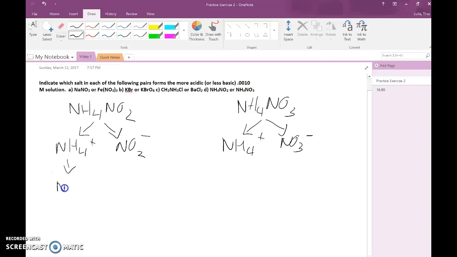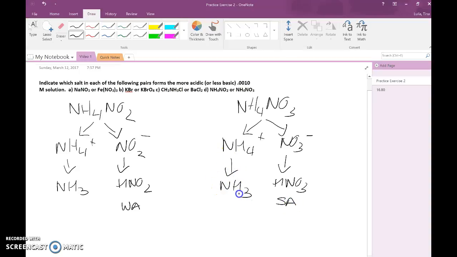Okay, this is going to make ammonia, right? Because I'm turning it into my base, and I recognize now that NH4 plus and NH3 are conjugate acid-base pairs. HNO2 is a weak acid. Remember, my strong acid is actually HNO3, nitric acid.